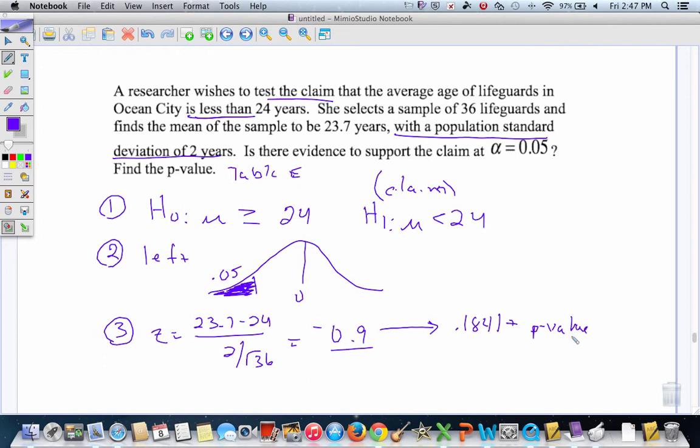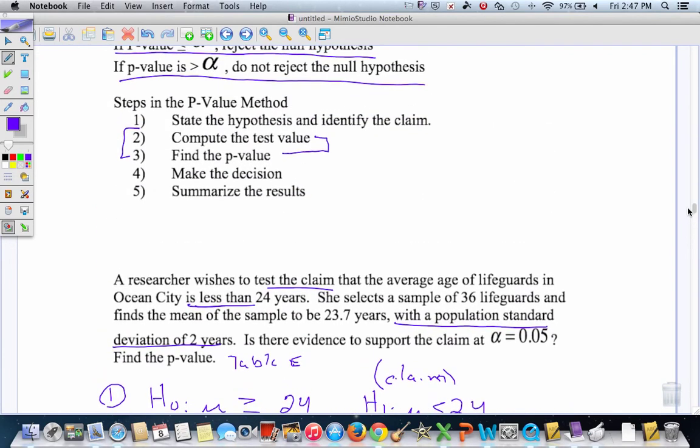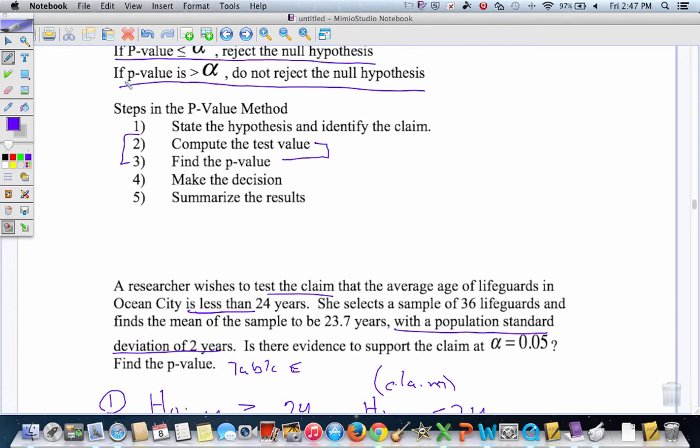So as I said, we can take that p-value, which is 0.1841, and we can compare it to alpha. I hope it's obvious that 0.1841 is larger than alpha. So if I slide back up here and look at my two criteria, it says right here that my p-value is larger than alpha.